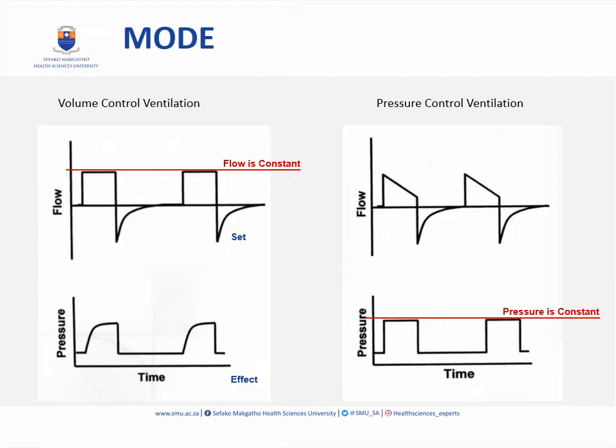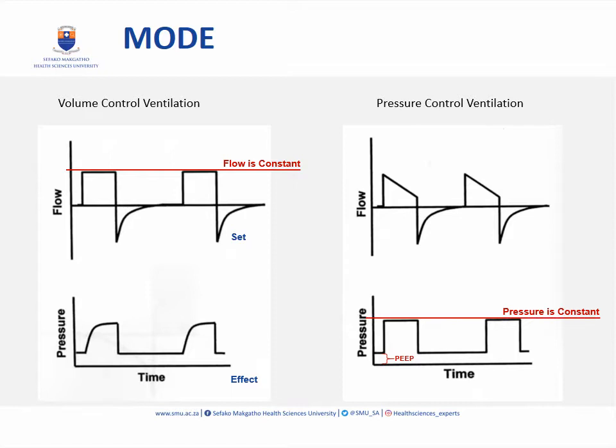Good. And then the movement of air changes direction as the patient exhales, and you can see the exhalation curve looks exactly the same as it did for volume control because exhalation is passive, it's not done by the ventilator. Okay, and we can see that there is a little bit of PEEP set here again.